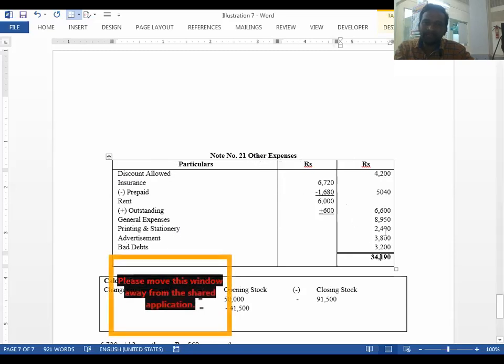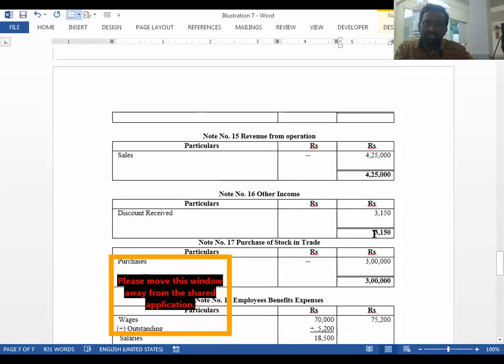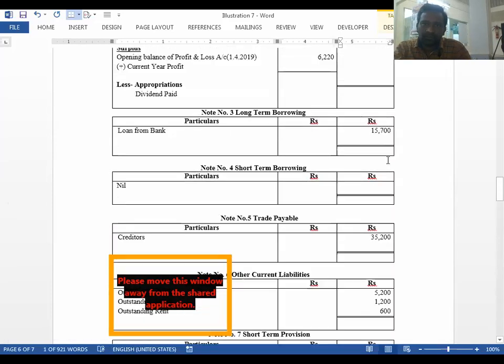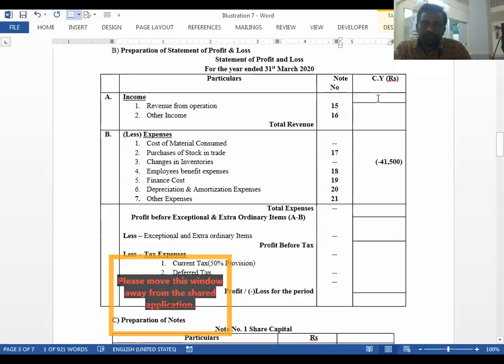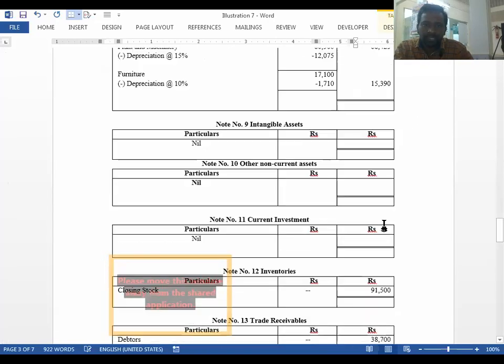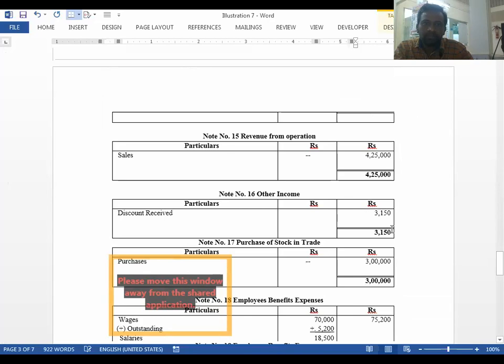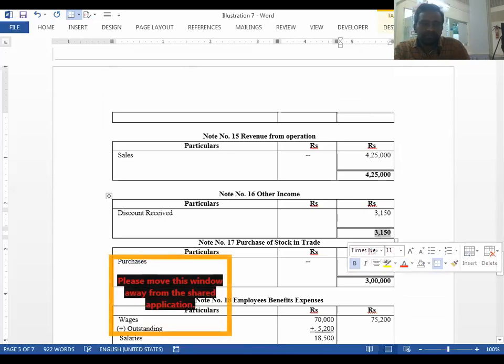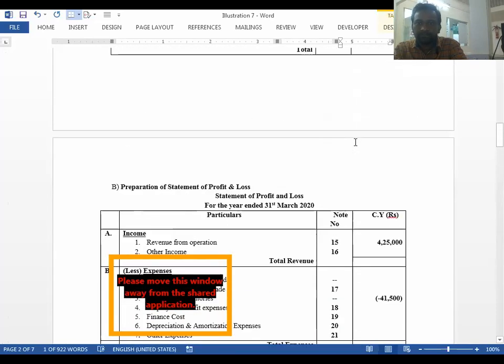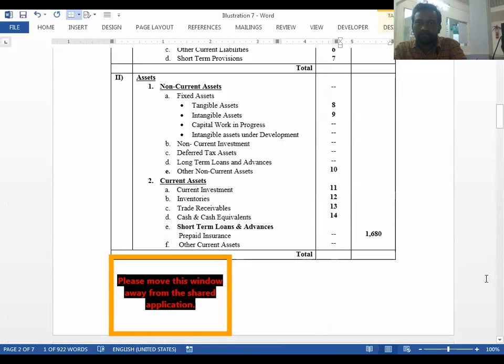Now it is time to transfer these totals into the profit and loss account. Revenue from operation. Then other income 3,150.